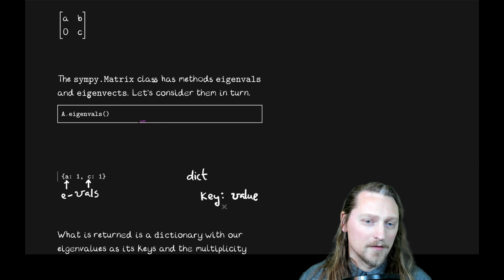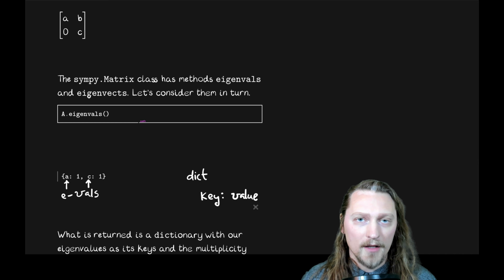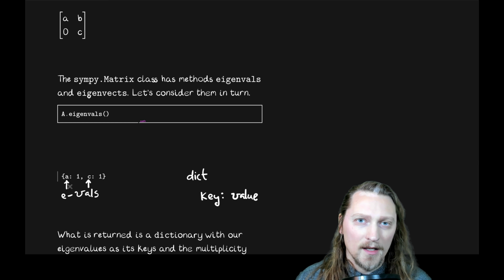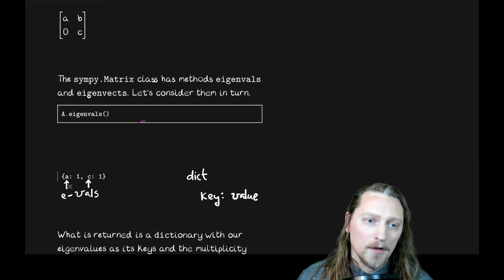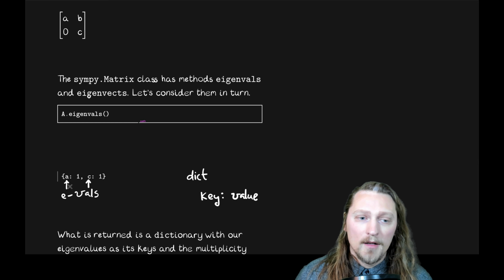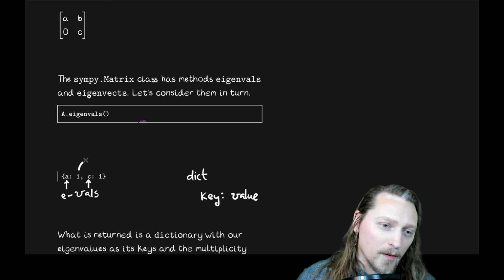So if you asked for an object in a dictionary with a certain key, it would return the value of that key to you. And you might wonder why it didn't just give it to us as a list or as a NumPy array or something like that? Well, there is something important going on about the values here.